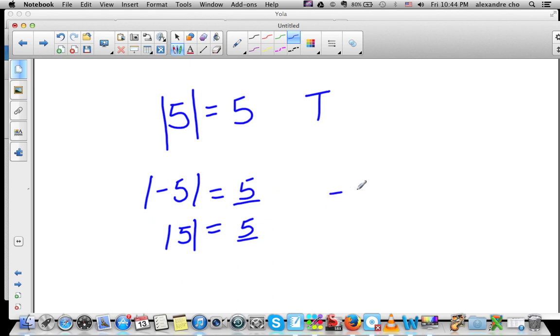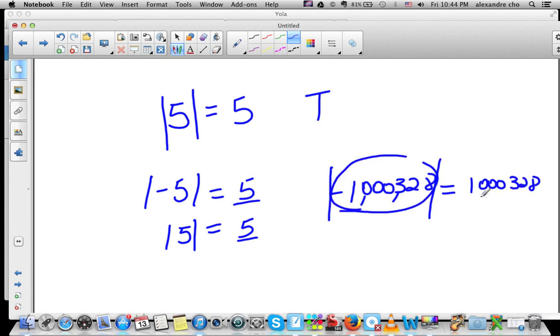So I could have written negative 1, whatever this number is. The absolute value of this guy right here is positive 1,328, because this number is 1,328 steps away from 0.